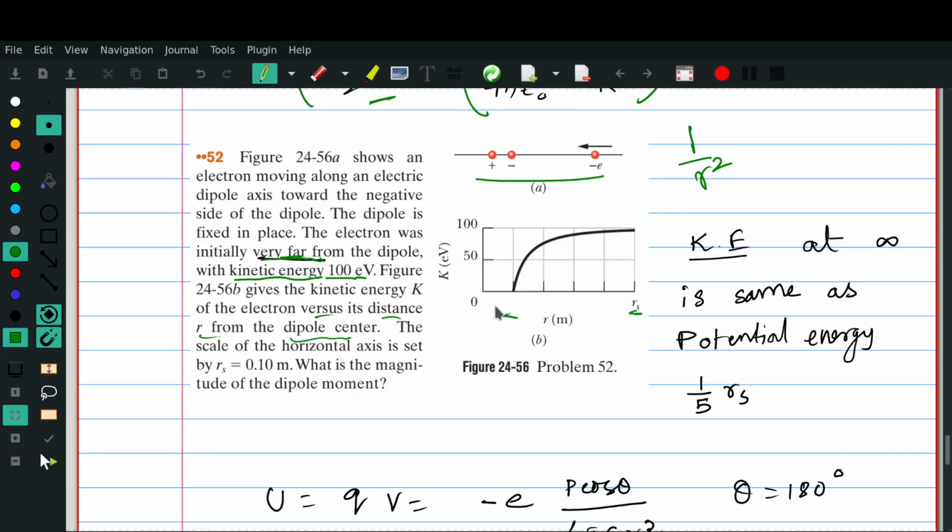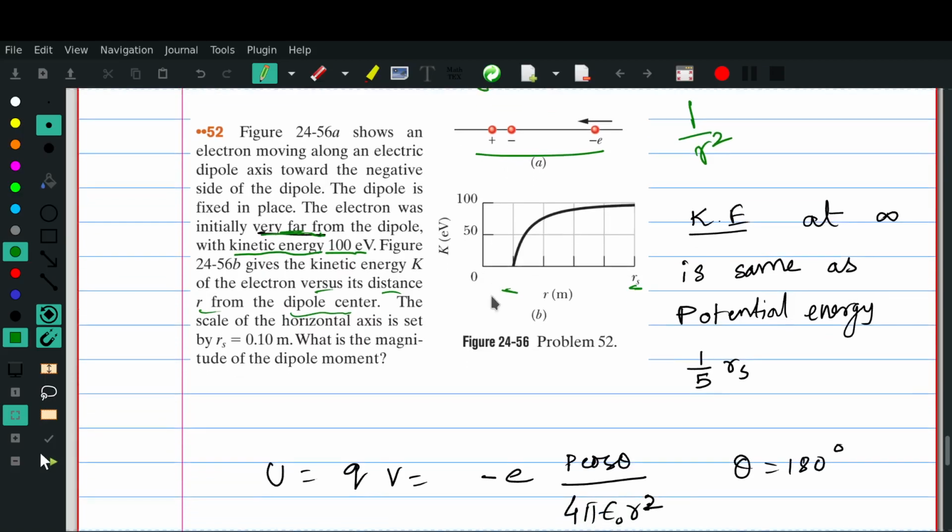First of all, we have to balance two energies: the energy at infinity and the energy at some point on this curve. When you look at this diagram, they have only drawn up to rs, but the curve actually goes asymptotically. Here at rs the kinetic energy is 100 electron volt.